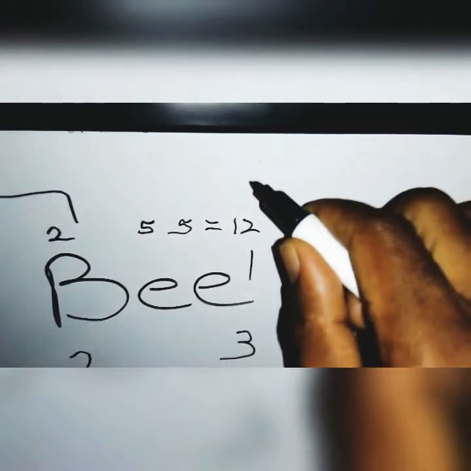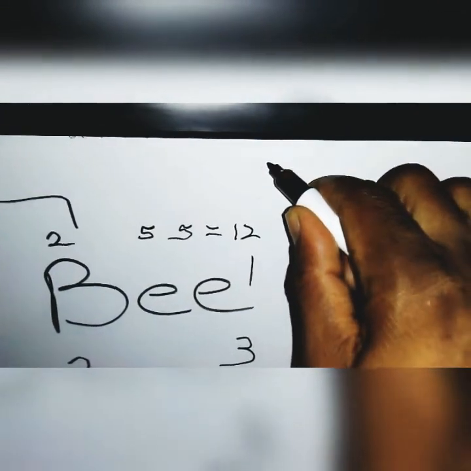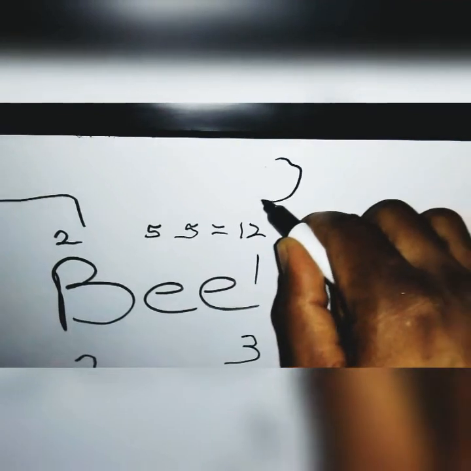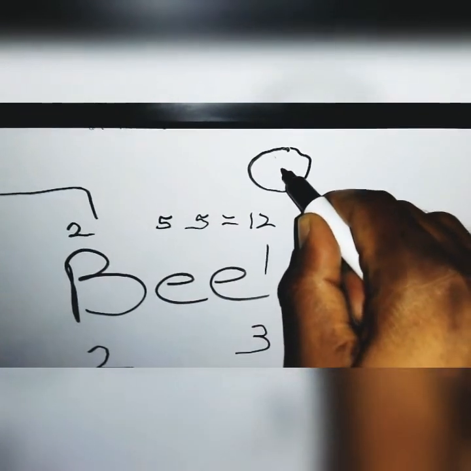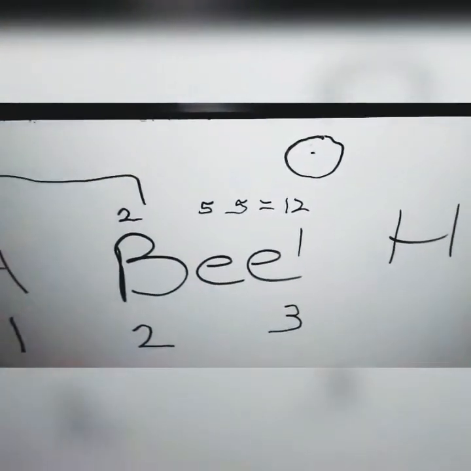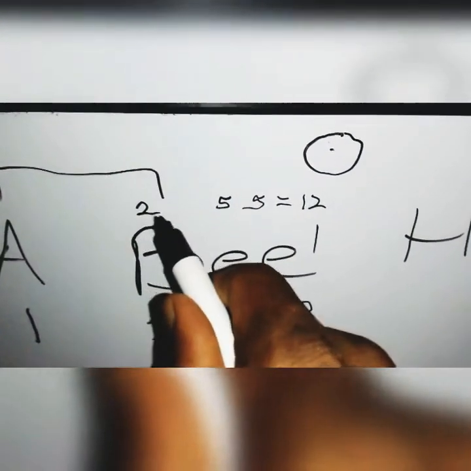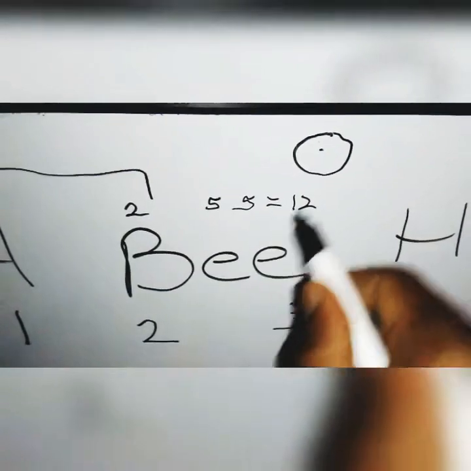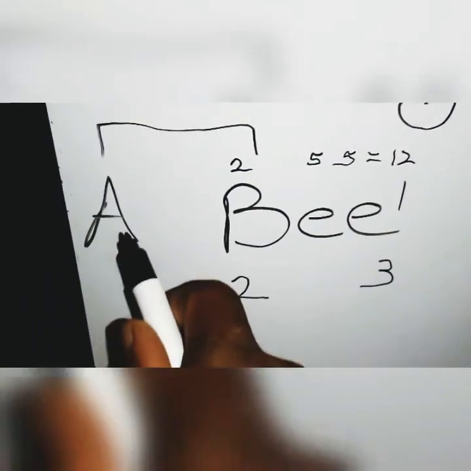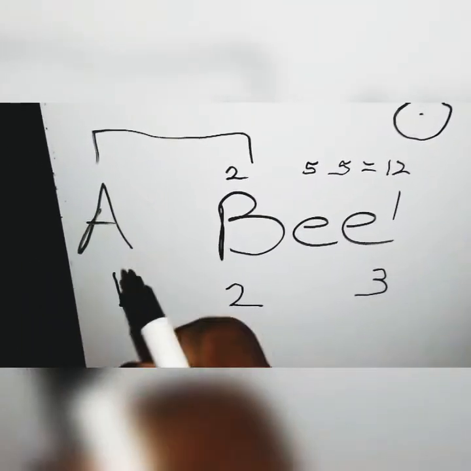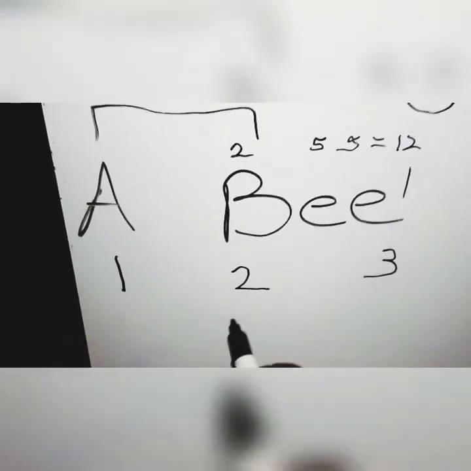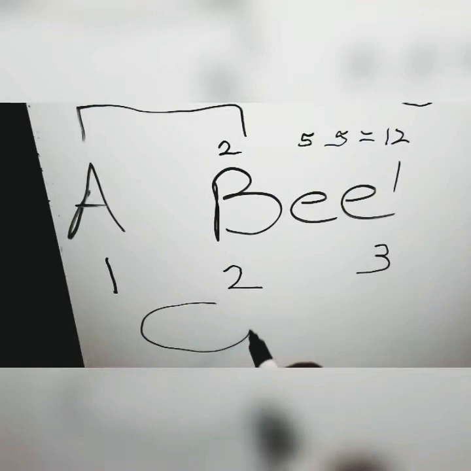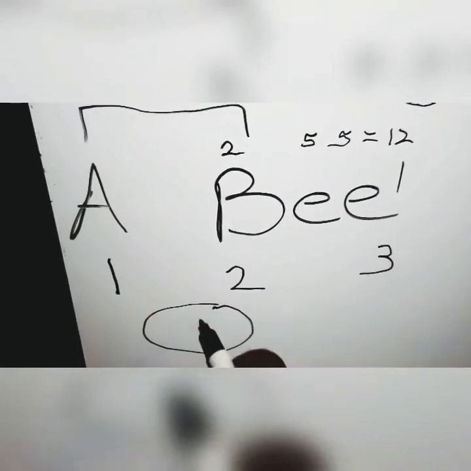Everything goes in a circle in a clock, right? 5 and 5 is 10 plus 2, 12. The first letter and the second letter, A, B, start with also 12. So even within a circle, it opens the door with the mathematical formula, AB.